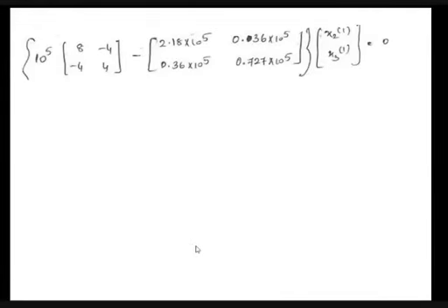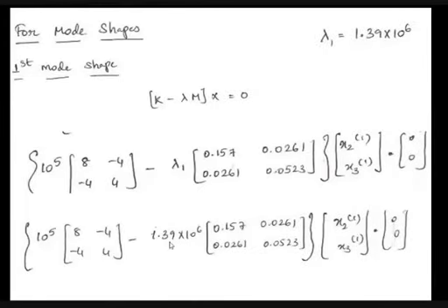So now, simplifying that, 10 into 10 to the power of 5, 8 minus 4, 4 minus, how did I get this 2.18? It's nothing but 1.39 into 10 to the power of 6, I'm just multiplying with each and every term of this matrix.